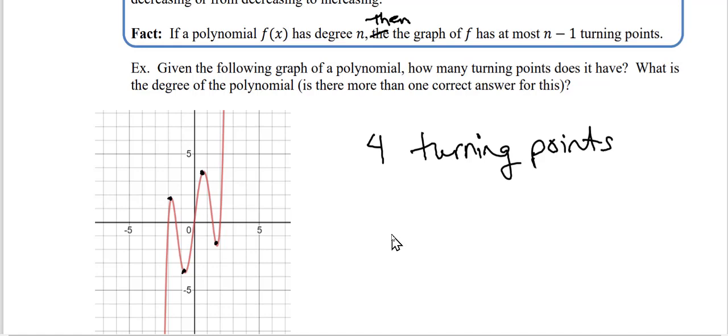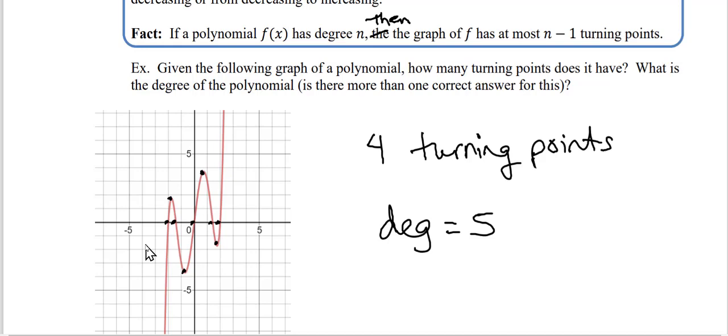So this could have degree equal to 5. You also could notice here that this function has 1, 2, 3, 4, 5 x-intercepts. So it has to have degree at least 5.